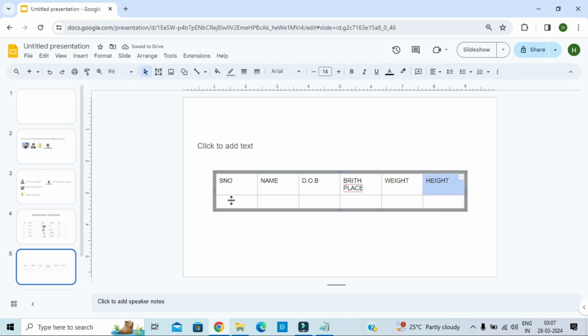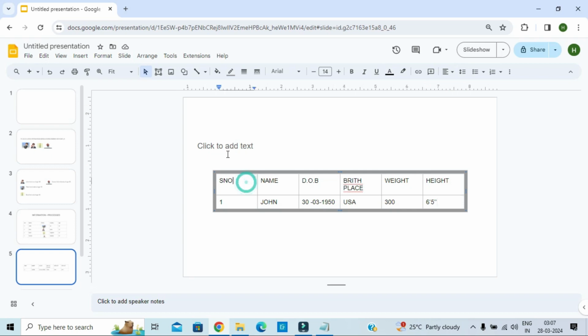So the name is John and his date of birth is 30th March 1950, and he is from USA and he weighs about 300 pounds with 6 feet 5 inches. This is how I represent it in a tabular format with rows and columns.